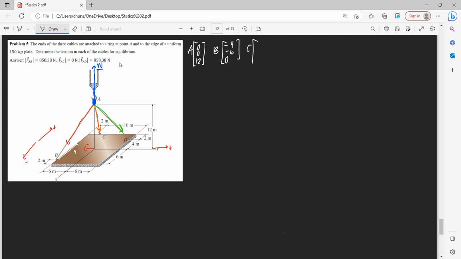Okay. For C, we are all the way at the edge, so that means we are going 6 in our positive x direction, and our total length is 12 of our sides.